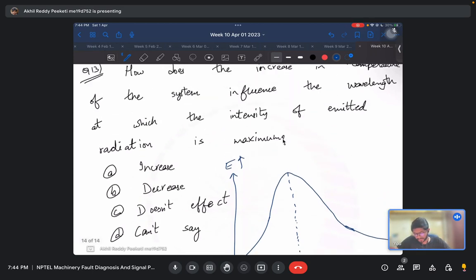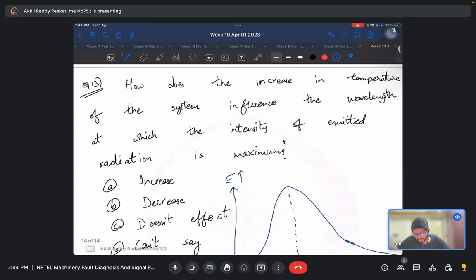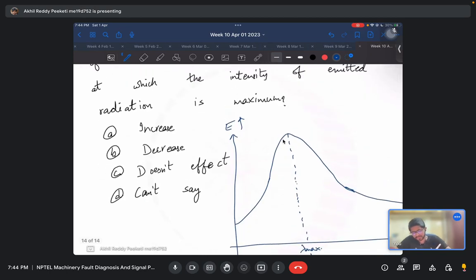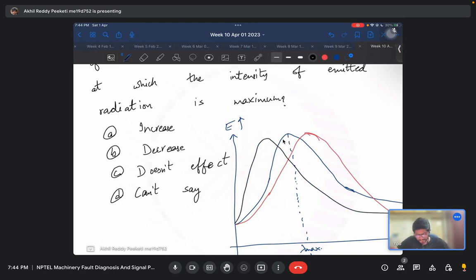Now when you are increasing the temperature, how does this lambda max wavelength change, increase or decrease? Whether this energy graph will move to the right or will it move to the left? So that is the question.